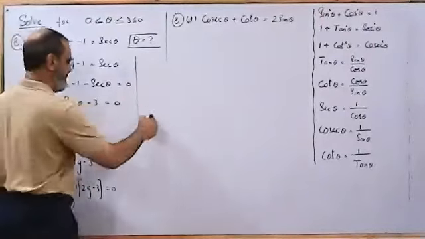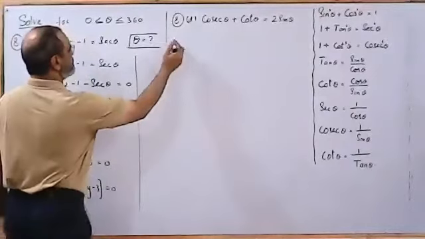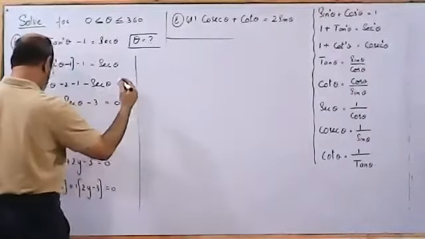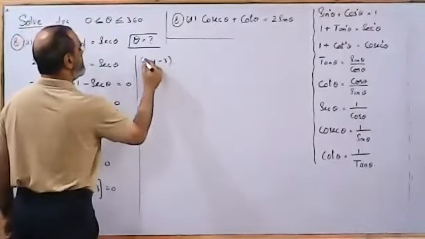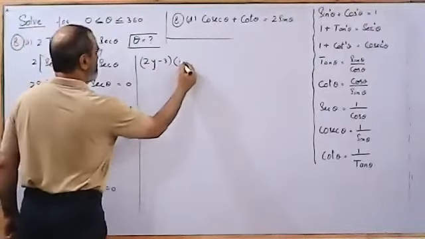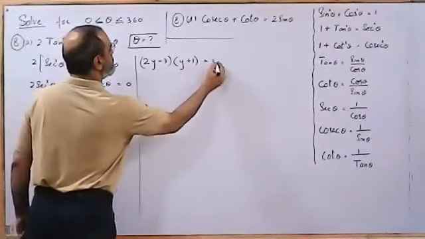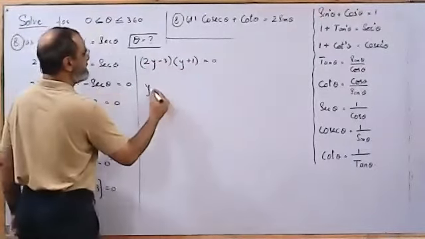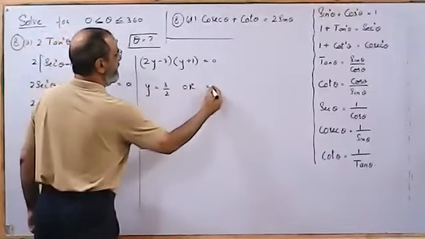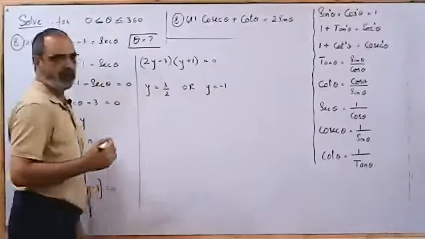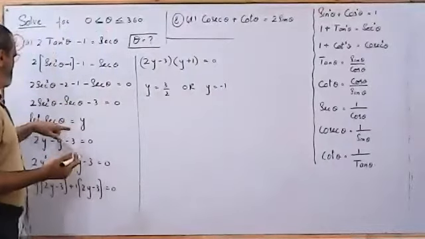So I got 2y minus 3 into y plus 1 is equal to 0. It gives me y is equal to 3 by 2 or y is equal to minus 1. Now replace y with secant.